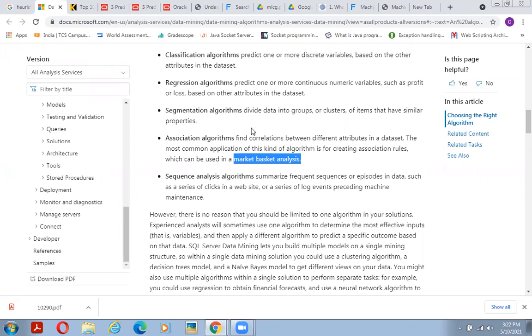In the classification algorithm, we are focusing towards the 0, 1, and in the regression algorithm, we are focusing towards the continuous numerical value results, and in the segmentation algorithm, we try to get a clustering result. And in the sequence analysis algorithm, we have web clicks, and then we are able to analyze the things.